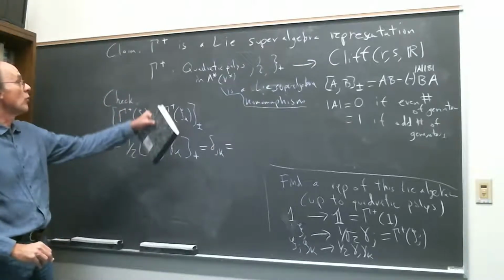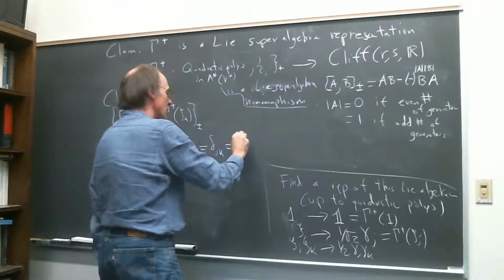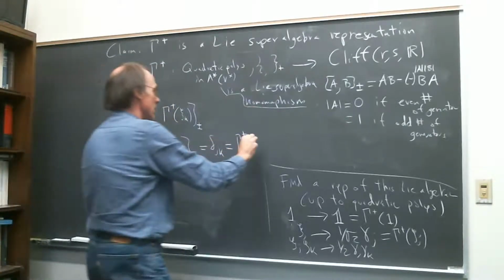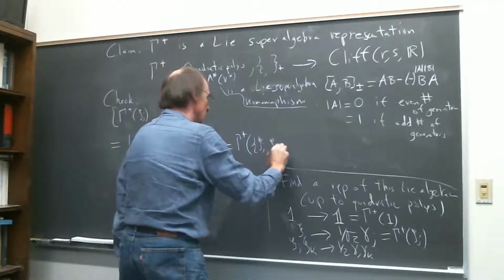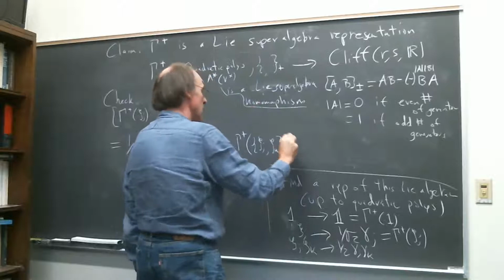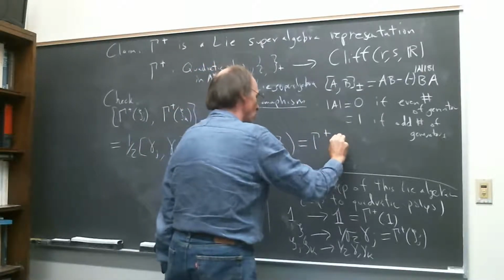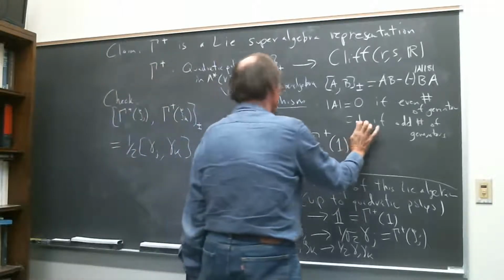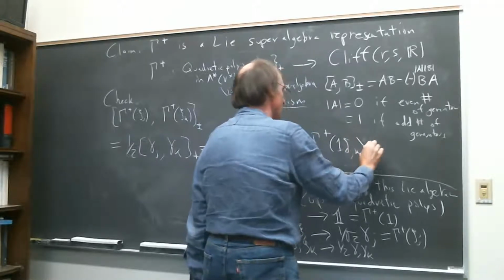That's exactly what this would have mapped to, which is gamma plus of delta jk.